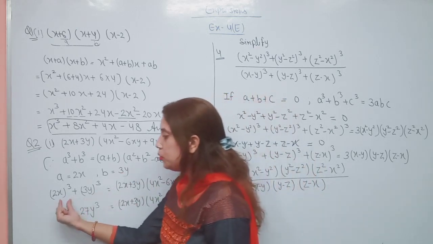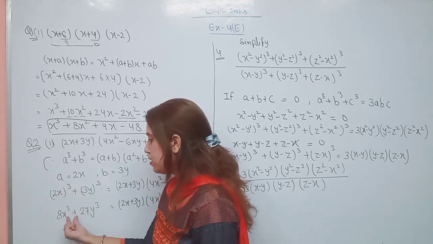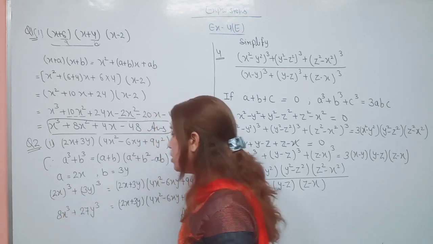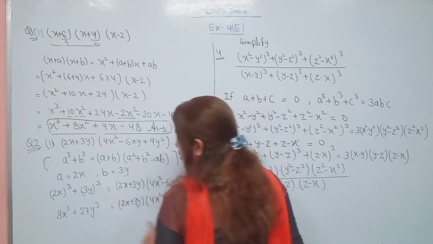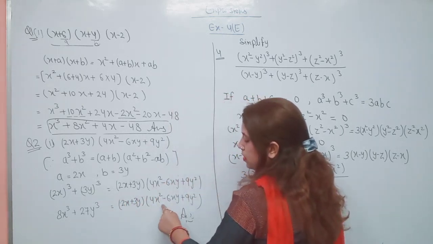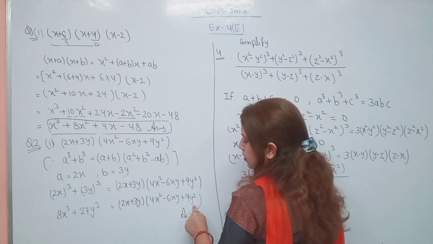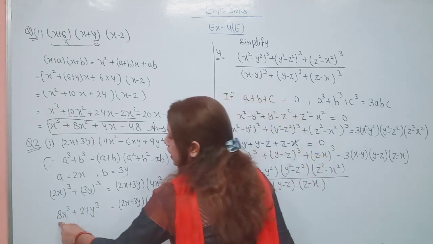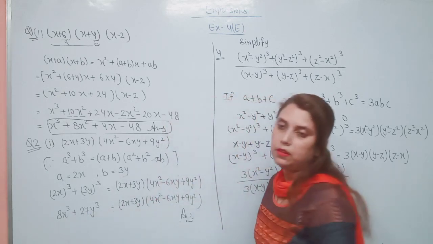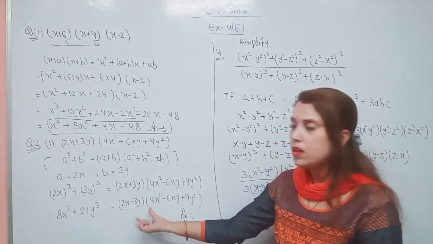When we solve for the cubes, (2x) cube will be 8x cube plus 27y cube. So the value of (2x + 3y)(4x square minus 6xy plus 9y square) will be 8x cube plus 27y cube. This is the answer.